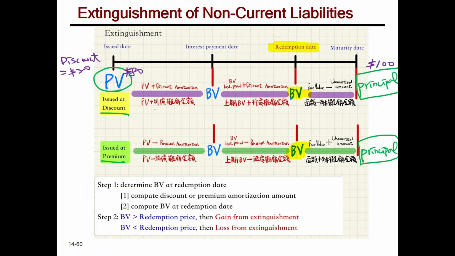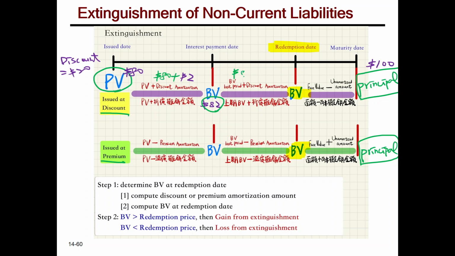So if I assume 80 plus 2, so will be 82. Next period from 82, right?